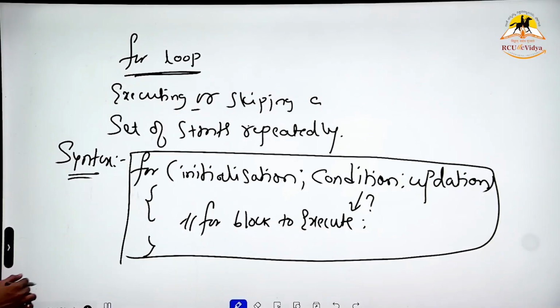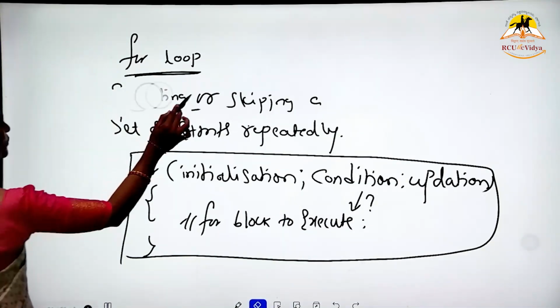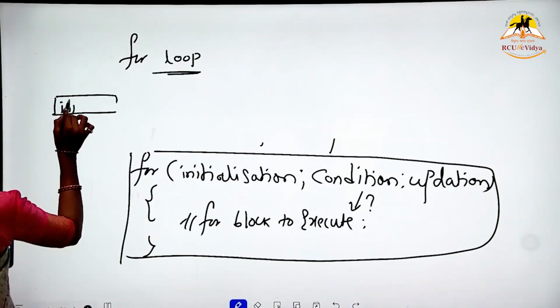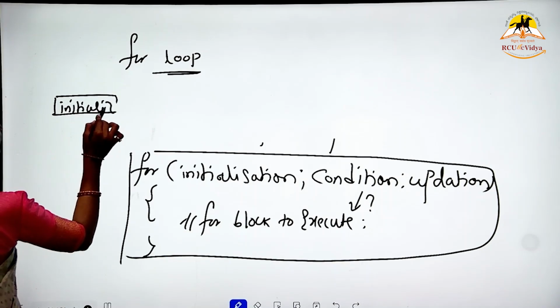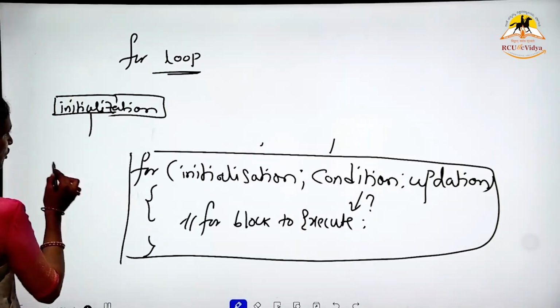I hope you are clear with the syntax. So let's go with the flow chart. The flow chart first has a process, that is the initialization. Once the initialization is done, you check the condition.